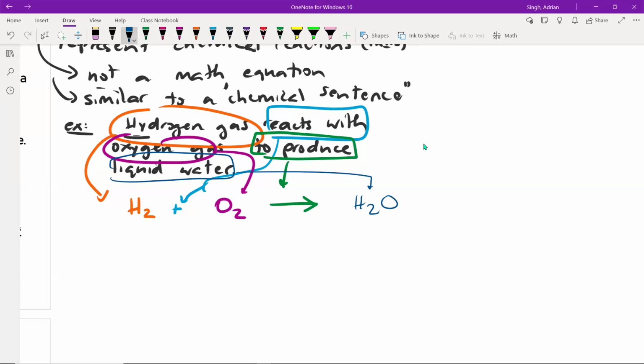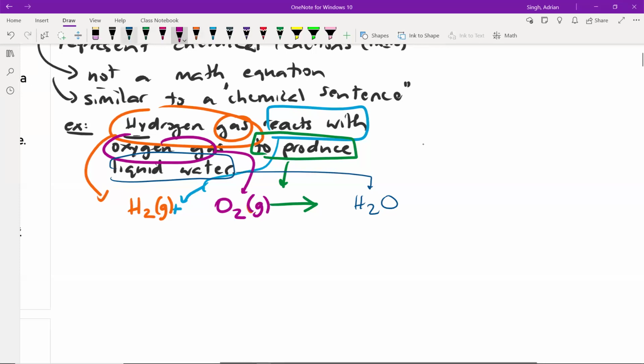Now, there are a couple of things that I'm going to add to this equation just to be a little bit more precise. So we can say hydrogen gas, and I'm going to represent the physical state of the hydrogen with a symbol in parentheses. The G there would mean that it's a gas. Oxygen gas would be O2, also followed by a G in parentheses.